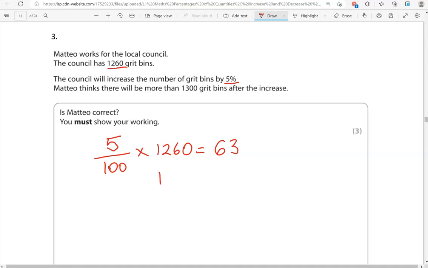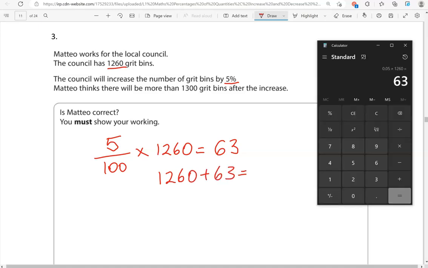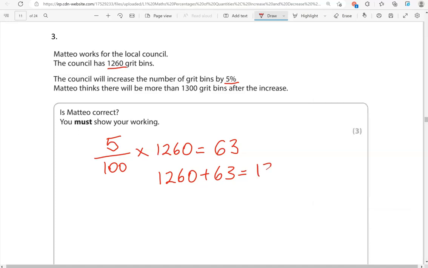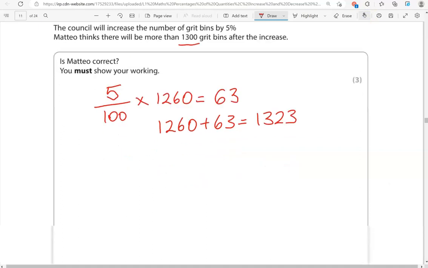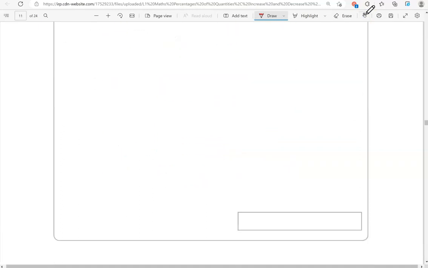So adding that on top of 1,260 gives us 1,323. Is that more than 1,300? Yes, it is. So is Matteo correct? We're going to say yes.